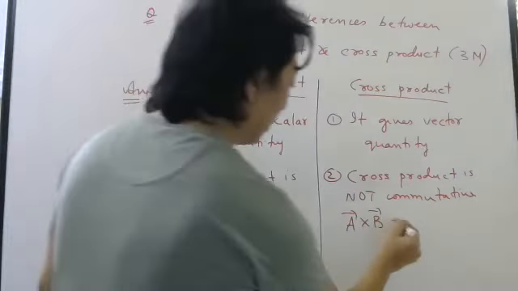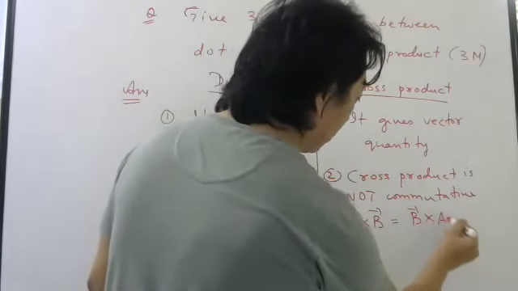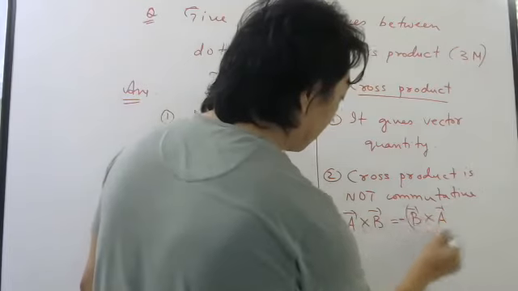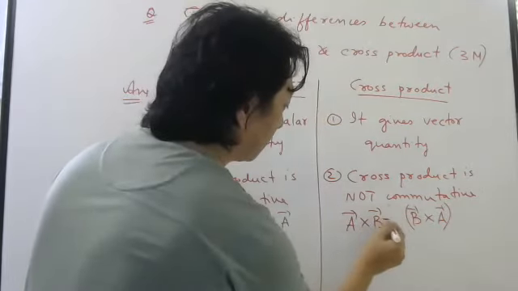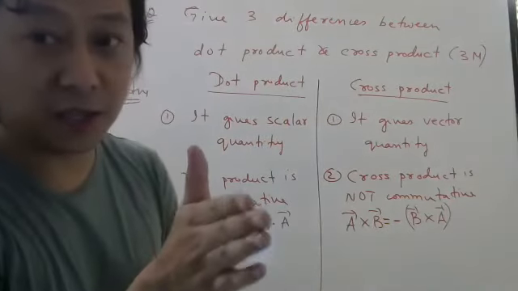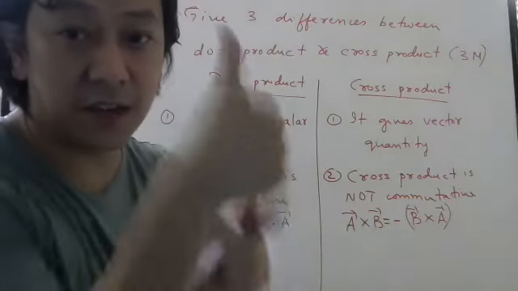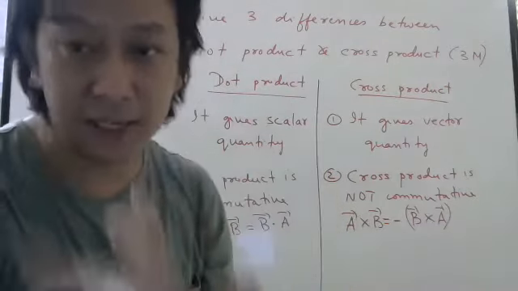So if you interchange these two, minus sign will come. Why minus sign will come? Understood or not? Because A cross B is this thumb, this vector. B cross A is this vector. So those two vectors, magnitude will be same.